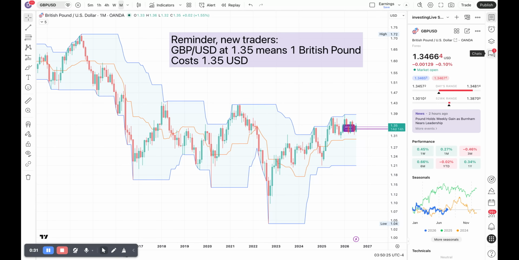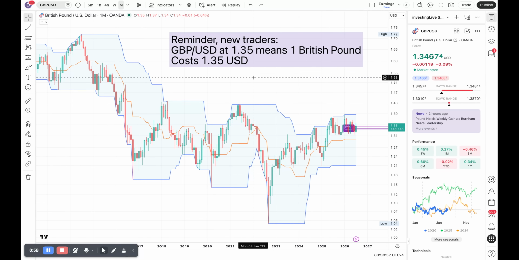And just a reminder quickly for new traders, when we're looking at the pair of Great British Pound to USD, the pound is called the base currency and the US dollar is the quote currency. When the pair is at 1.35, it means that one British pound costs $1.35 in US dollars.